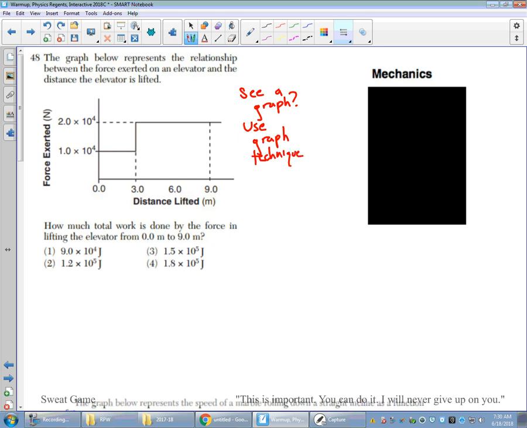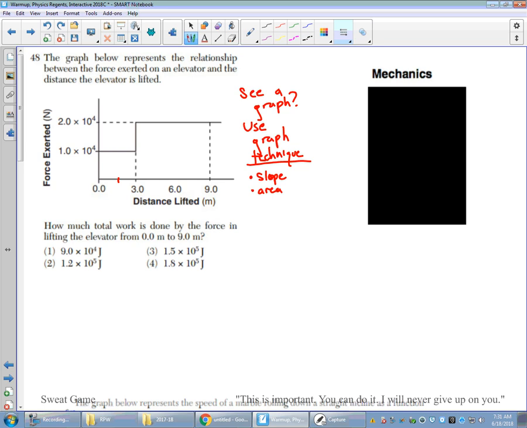Now, the most common graph technique, of course, is just looking. Like, the distance is 3, what's the force required? This graph's a little difficult for that one, but let me do an easier one. Distance of 1.5, what's the force? That's called a direct read. But more commonly, the graph techniques you have to think about will be determining the slope or determining the area. So you keep those two in mind. They often come into play.